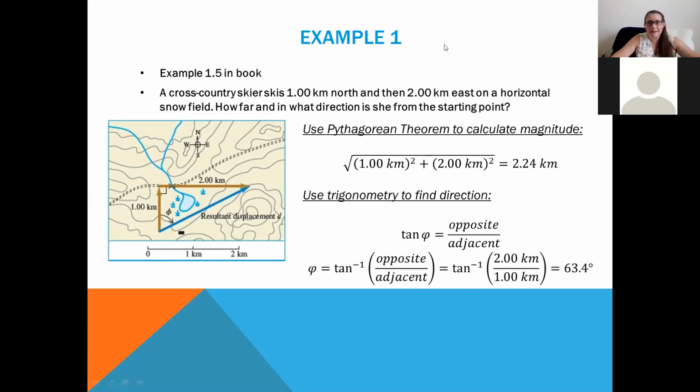A lot of people will leave their calculators in radians because of math class or something like that. And so you get your answer in radians instead of degrees. For me, it's fine if you leave it in radians. I would say for problems such as this, the better one would be degrees. So double check your calculator to make sure that it's in degree mode.